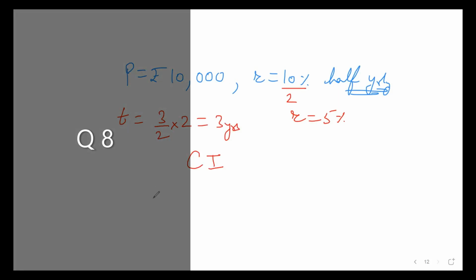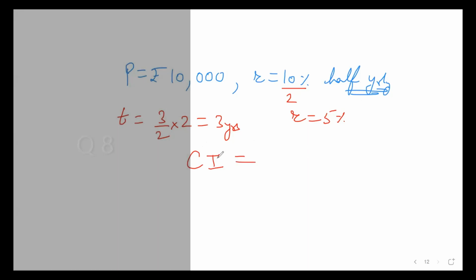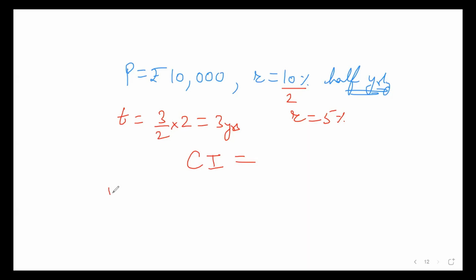Now, what it is saying, like you have to do a comparison again. Would this interest be more than the interest you would get if it was compounded annually? That means the answer of the compound interest which you are getting in this half yearly case, you have to compare this answer with the second part of the question, that is compounded annually. So you have to solve this compounded half yearly part, then you have to solve the same part compounded annually. So principal would remain same here, that is 10,000. Rate would be 10% because this is compounded annually.